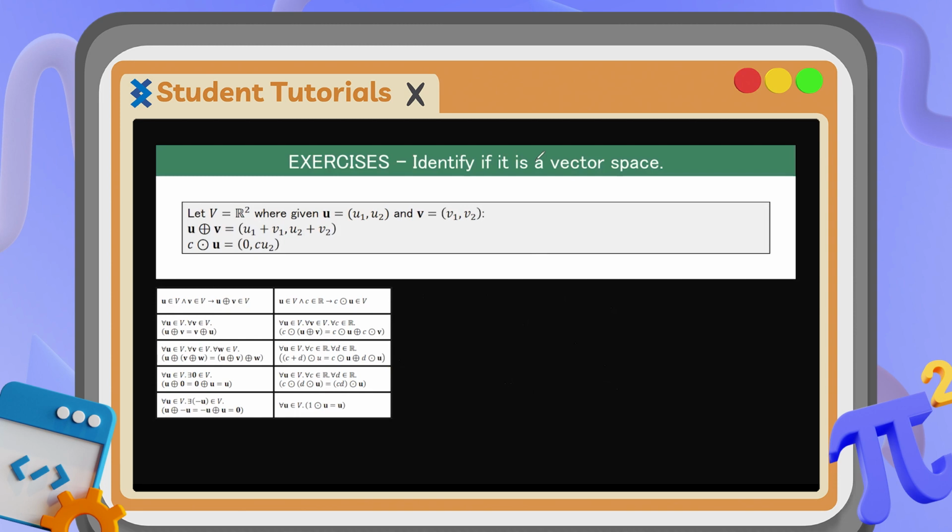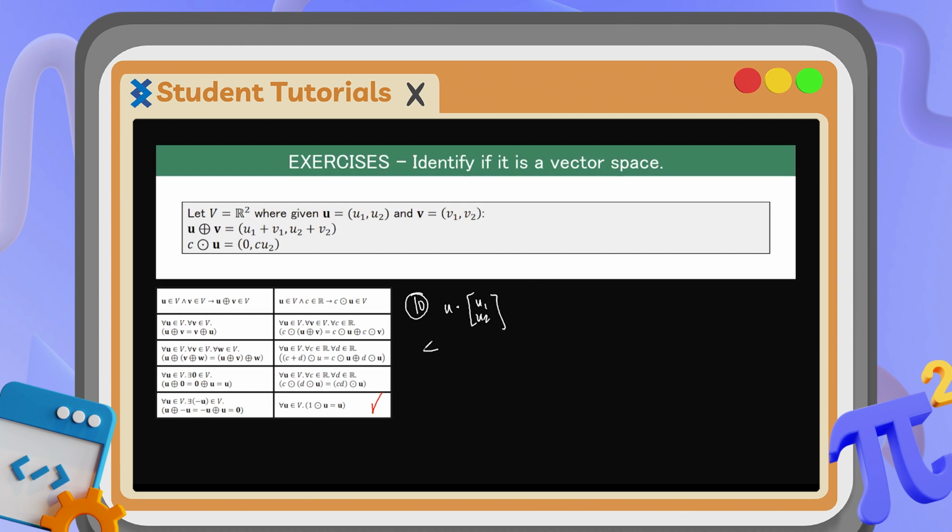So now we're down to one more property of the set, and that would be the identity property, wherein multiplying 1 with the vector should give us the same vector. So our vector is again (u sub 1, u sub 2), followed by our scalar c, or 1 rather.